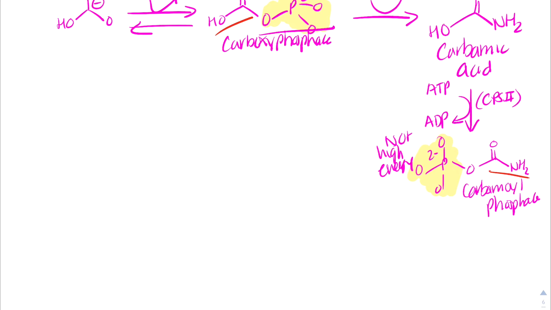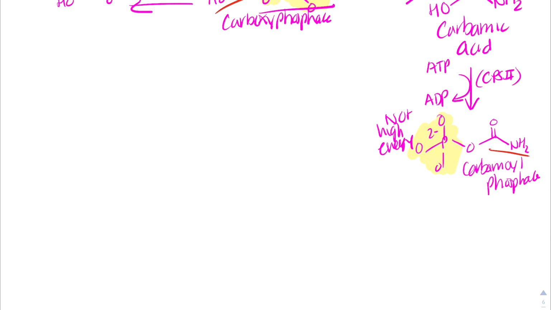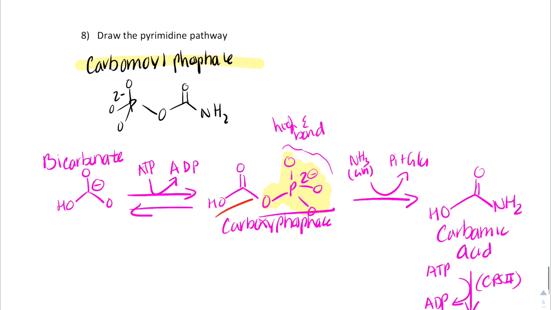So it causes this to not be a high energy bond. Okay. So now that we have our carbamyl phosphate, we can start the whole pyrimidine pathway.